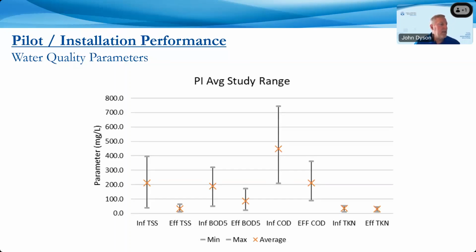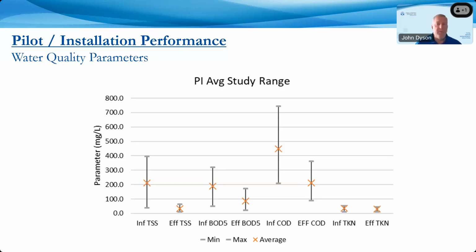What I think is more interesting, we've tested an extremely wide range of conditions from very low influent to very high influent conditions. I'm just talking more about TSS, but we see it for all the different parameters. But you see, these are the upper range. We had a study that averaged 400 milligrams per liter coming in.